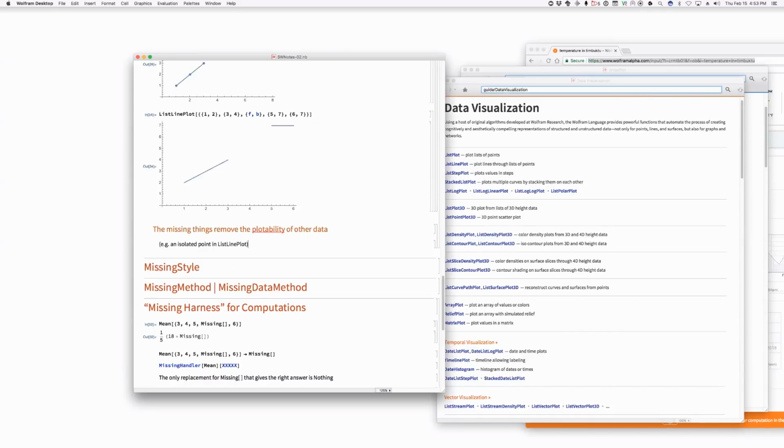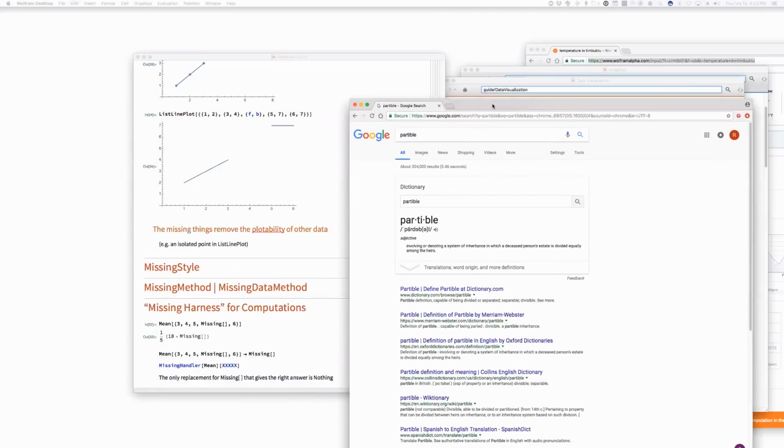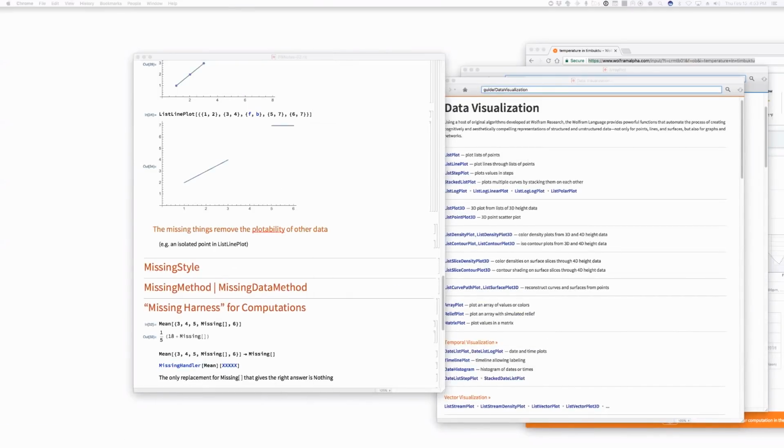I see. Although I have to say the word partible, while a quite lovely word, what on earth does it mean? Oh my gosh! Well, that's interesting. Actually, I vaguely remember this definition: a system of inheritance in which a deceased person's estate is divided equally among their heirs.